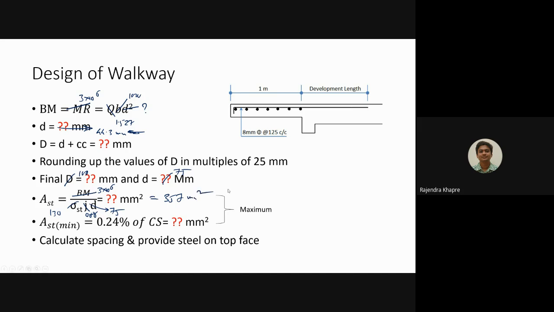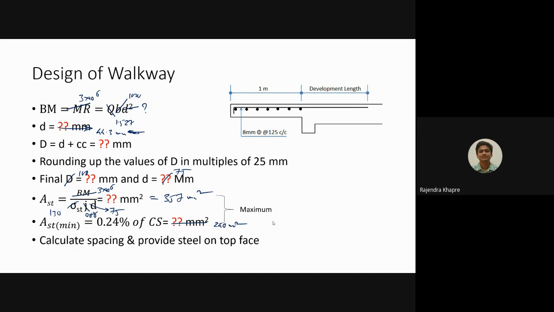How much is the AST minimum? 240 mm square.